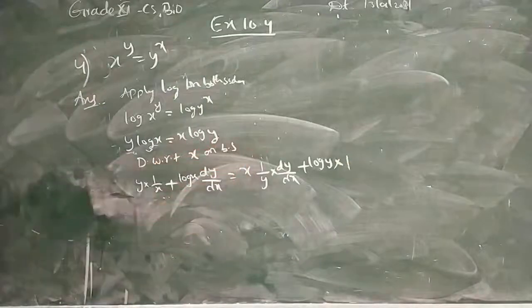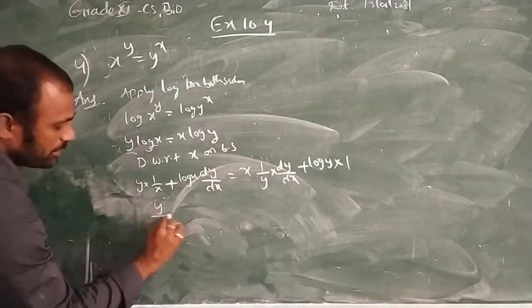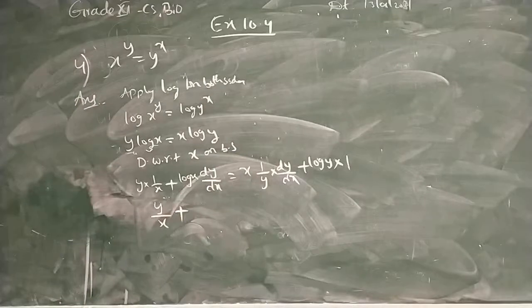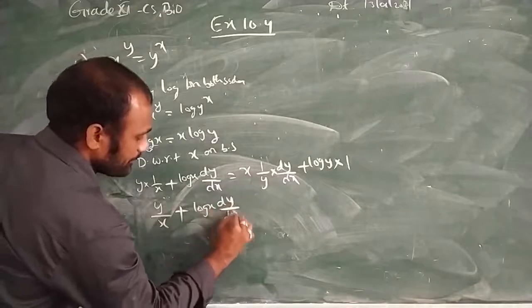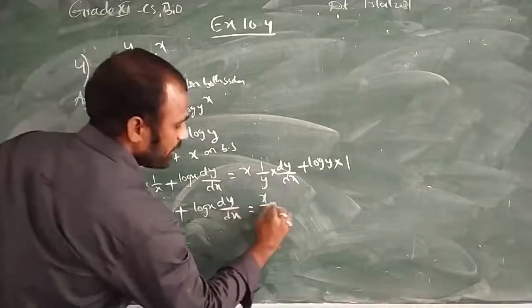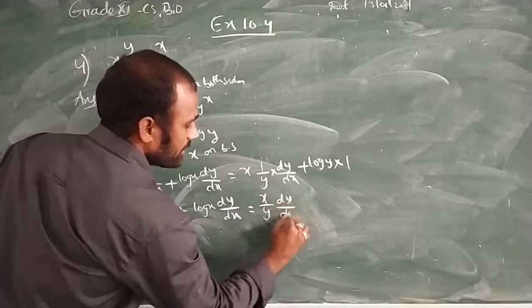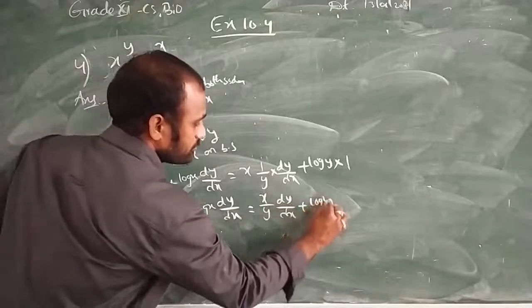So this can be written as y by x plus log x into dy by dx equals x by y dy by dx plus log x.